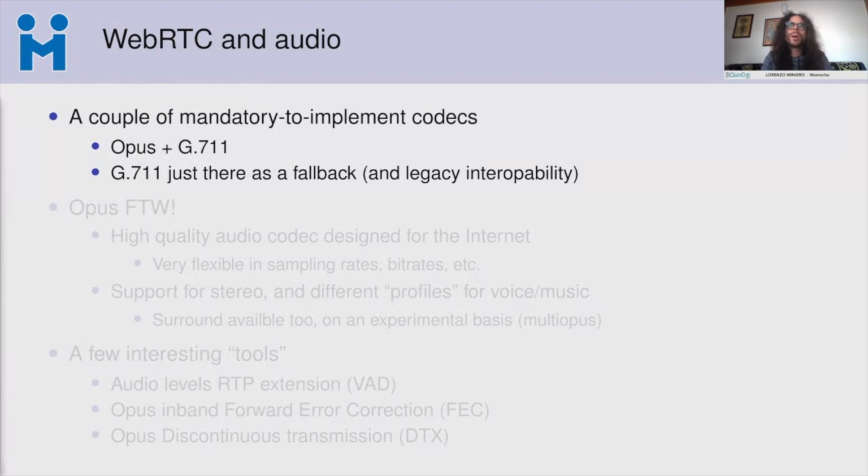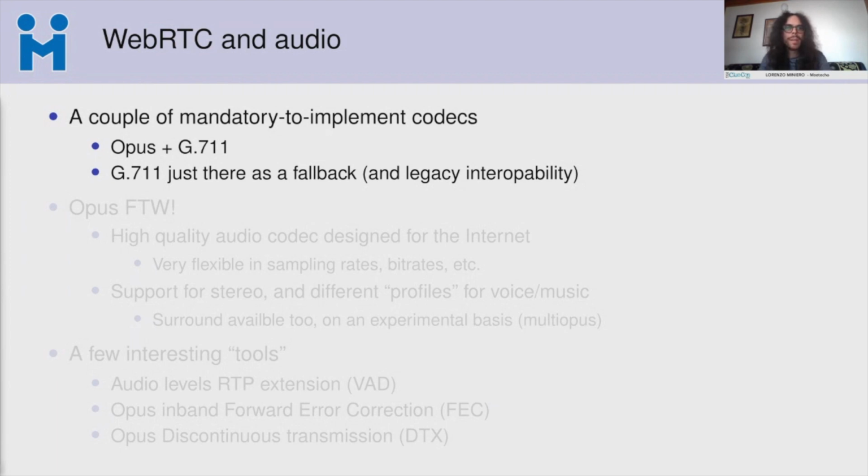And in general, WebRTC, of course, has some functionality that is related to audio specifically. When it comes to audio, there are two mandatory-to-implement codecs, which means that all WebRTC implementations must implement them to be called standard. One of those is, of course, G.711, which was mostly added to make it easier to integrate with legacy infrastructure like PSTN.